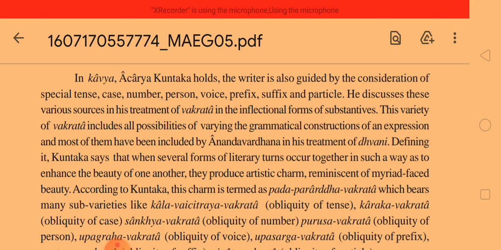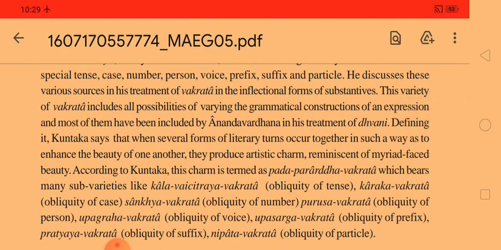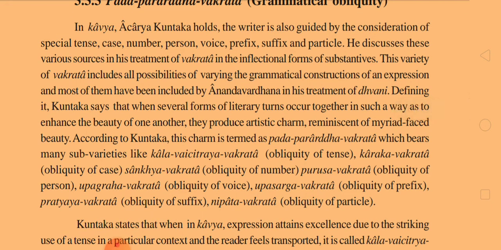According to Kuntaka, this charm is termed as Pada Paradha Vakrata, which bears many subvarieties like Kala Vakrata, that is the obliquity of tense, Karaka Vakrata, obliquity of case, Sankhya Vakrata, obliquity of number, Purusha Vakrata, obliquity of person, Upagraha Vakrata, obliquity of voice, Upsarga Vakrata, obliquity of prefix, and Pratyaya Vakrata, obliquity of suffix, and Nipata Vakrata, obliquity of particle.